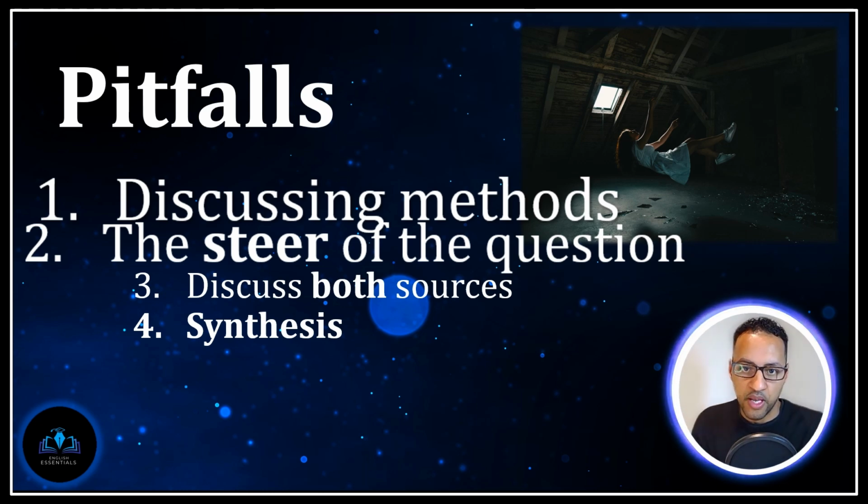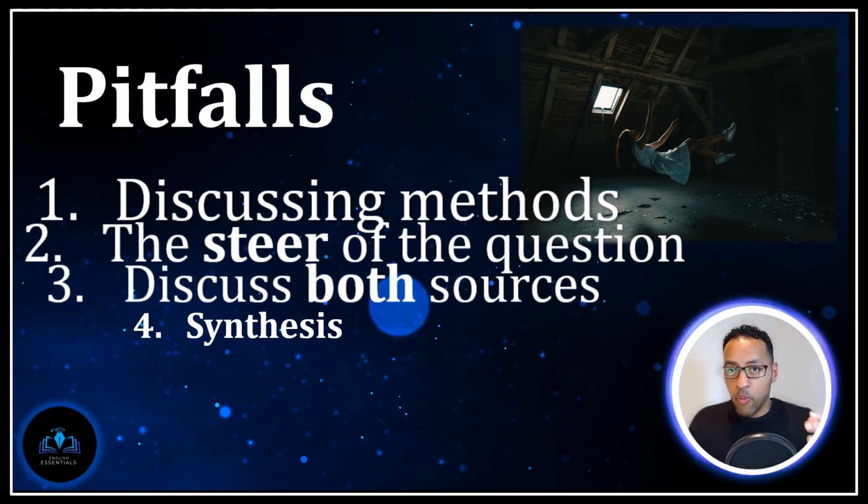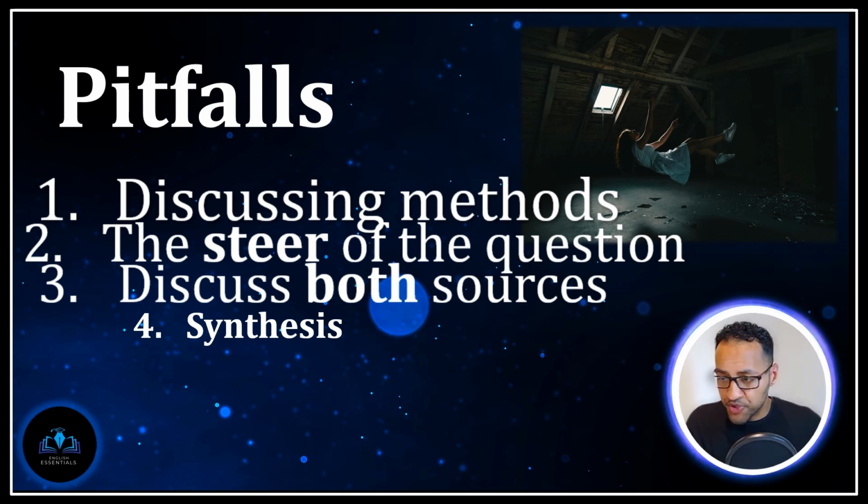Number 3, you must refer to both sources. If you don't do that, you will be capped. You must refer to both sources. And last one, synthesis. We have to compare apples and apples. We cannot do this apples and oranges. On one hand, source A talks about X, and in source B, they talk about Y. We must make sure we get that right.